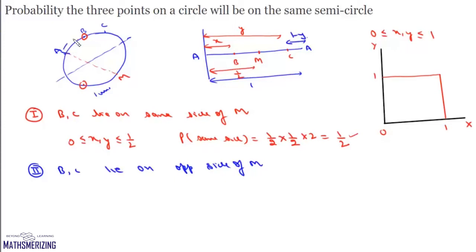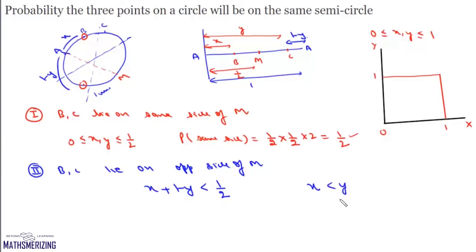So this distance is x and this distance is 1 minus y. Now they lie on the same semicircle if x plus 1 minus y is less than 1/2, because it has to lie in the semicircle, and we are talking about the case when x is less than y.